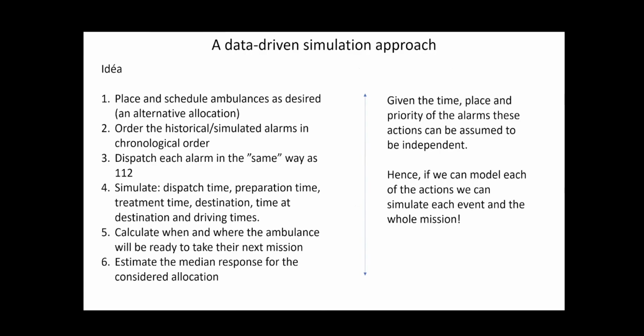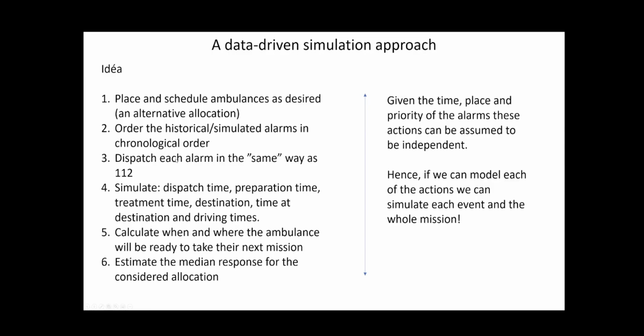And it's not unique. I should say that other people are having similar approaches. So basically, we define an allocation of the resources. We either use historical alarms or simulated alarms and take them one by one.